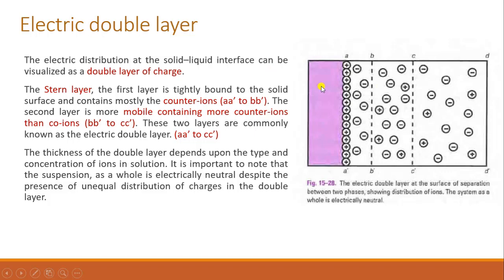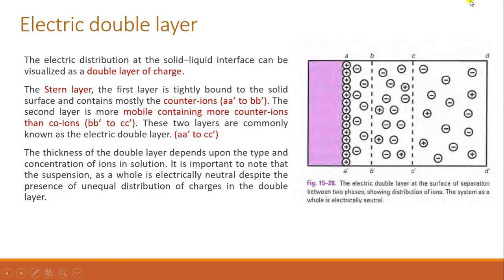When electrolyte gets dissociated in the suspension, cations get adsorbed on the surface of the particle. That cations are represented as layer AA dash, and these cations give the solid surface positive charge, and are called the potential determining ion. As excess of cations are adsorbed on the surface of the solid particle, now the solution consists of the rest of the cations and total anions.